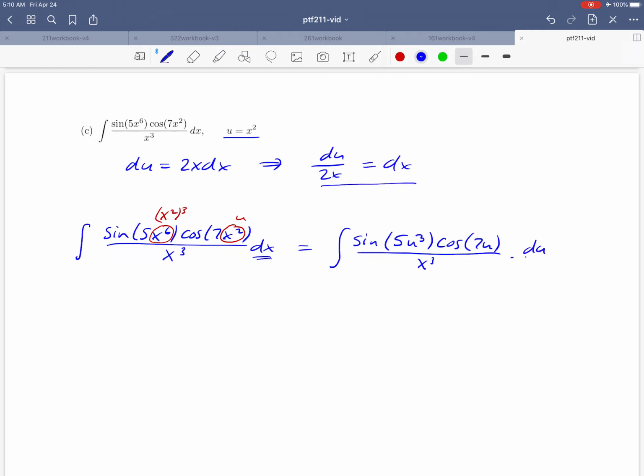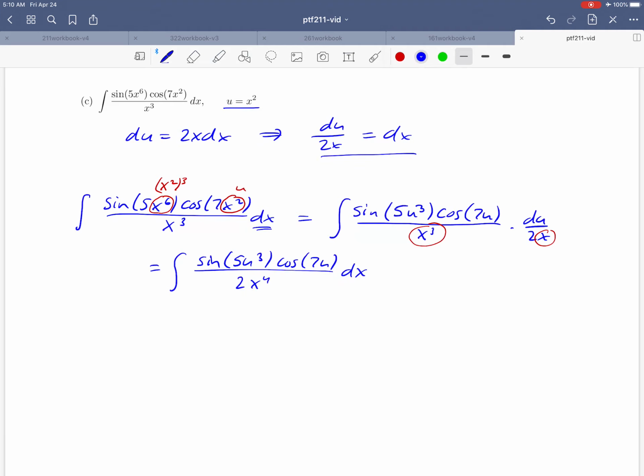We can do a little simplifying in the denominator. We've got an x cubed and an x, so let's put those together into an x squared. And we've still got, oh, whoops, that's a du, not a dx, sorry.